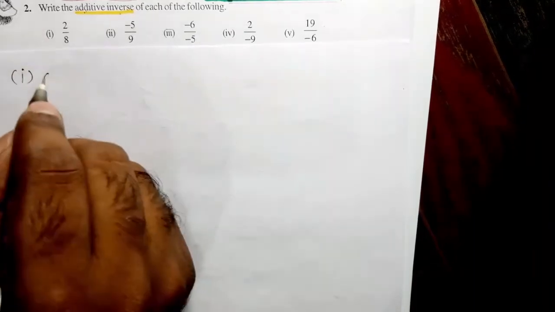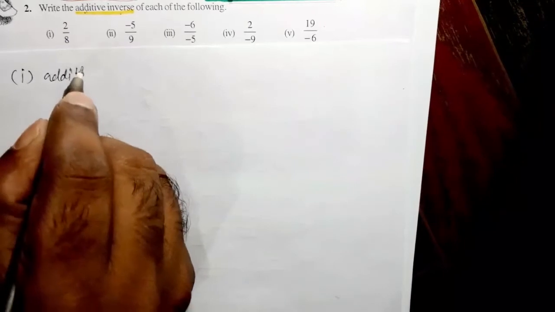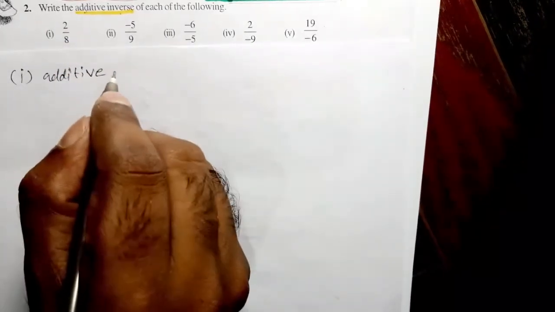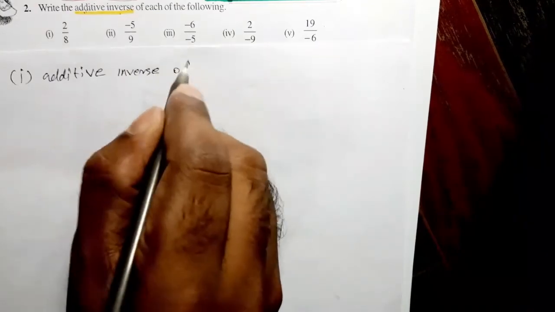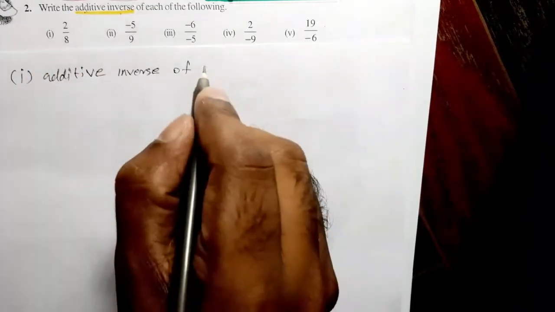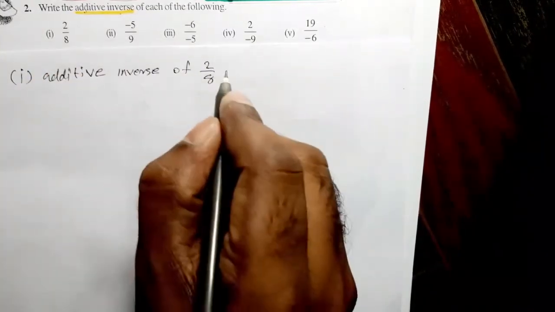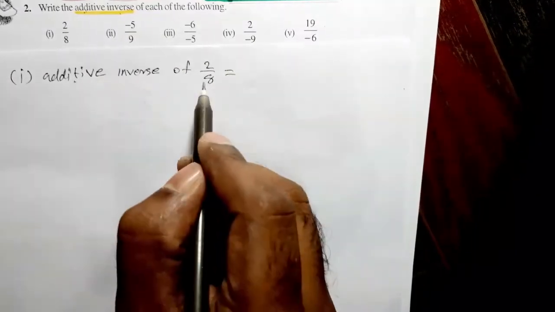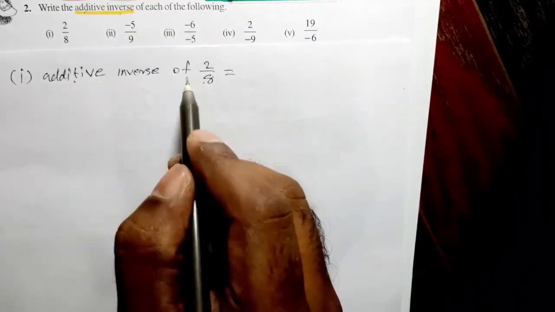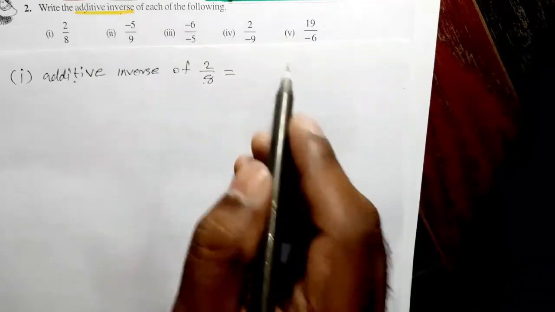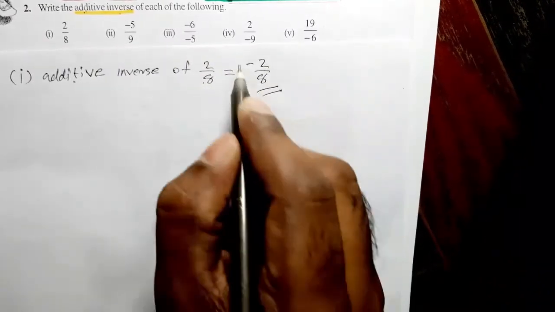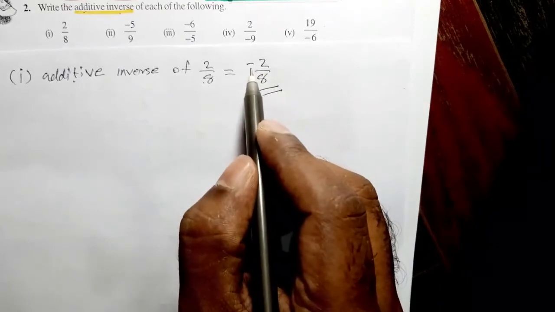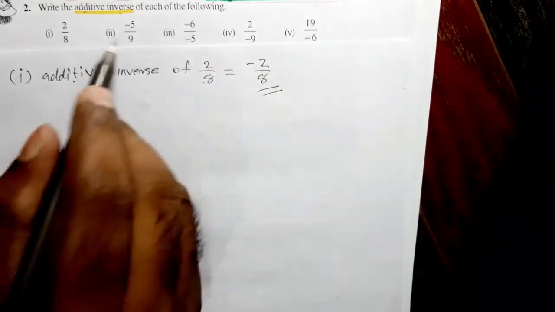We need to write additive inverse of first number 2 by 8. Additive inverse of 2 by 8 is equal to, in the case of addition, inverse, just opposite, means it will be minus 2 by 8. What we are doing? We are giving just a negative symbol. So we can go to the next question.